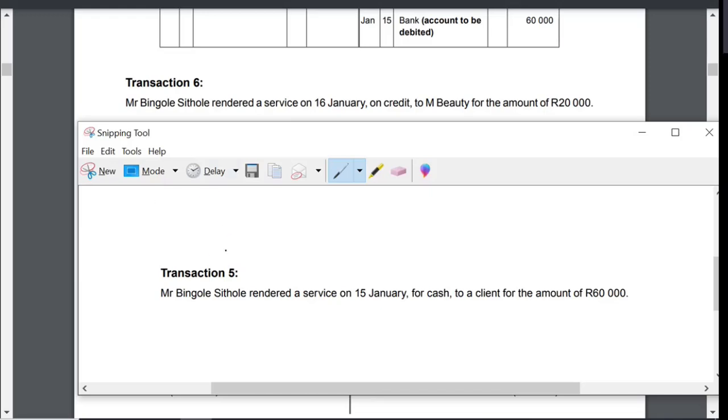Transaction number 5 is a cash transaction because service was rendered and cash was paid after the service was rendered. Transaction number 6 is a credit transaction because service was rendered, but on credit. Money was not received after the service was rendered.